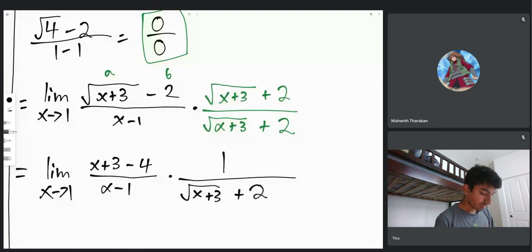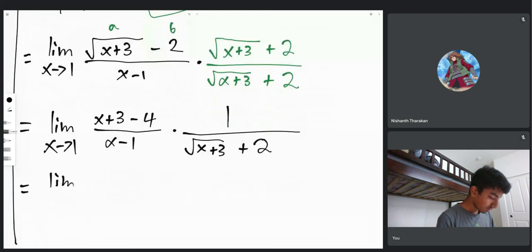And if you simplify further, we get x minus 1 over x minus 1.